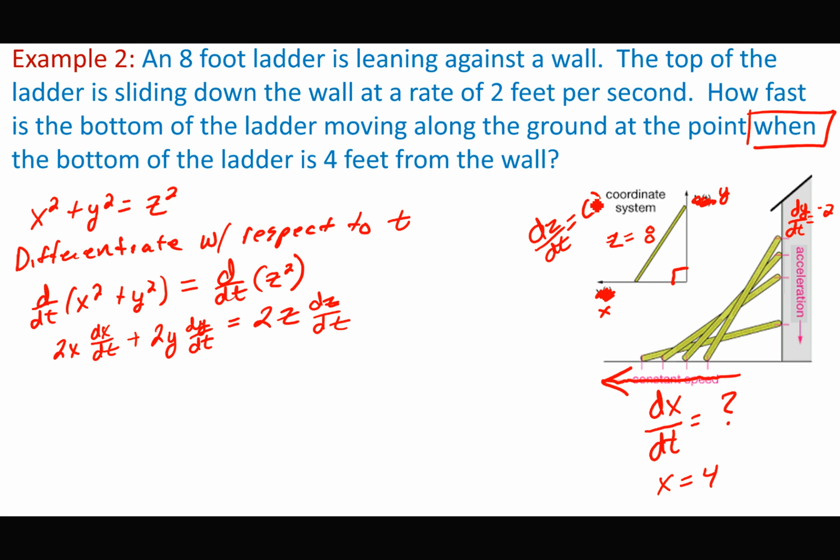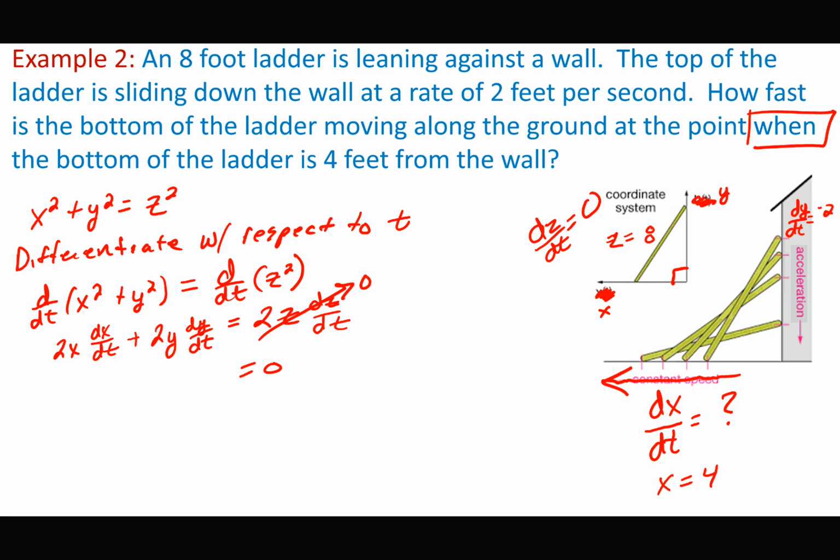So that's actually 0. So this whole side here goes to 0 in this problem. Okay. So dz/dt, that helped us out because that's a ladder. That's a fixed object that will not have a change. Okay, and that will stay just 0.